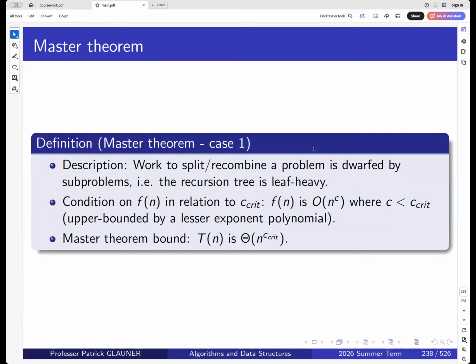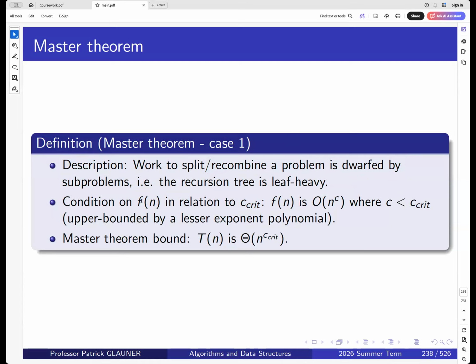So we wonder, how does this f of n relate to the critical exponent? And case one addresses where the work in the subproblems is more than the work for splitting and recombining. So the slide says the work for splitting and recombining is dwarfed by the work in the subproblems. So most of the work is done in the subproblems. If you see this as a recursion tree, you would say that tree is leaf heavy, because most of the work is done in the leaves of the tree, not in the work for splitting and recombining.